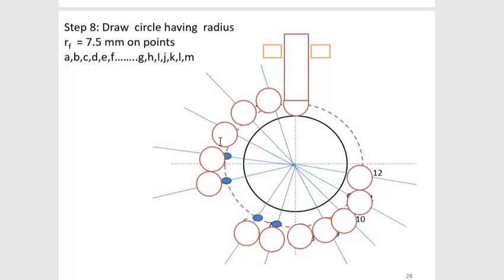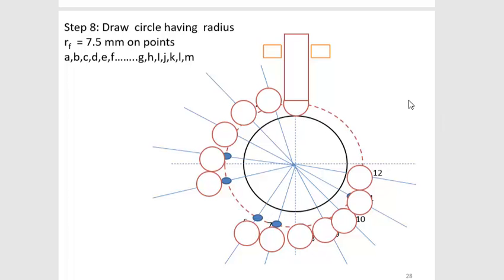And similarly, I will do it with all the points like A, B, C, D, E, F, G, H, I, J, K, L, M. So I get a new set of points, and this new set of points will give a curvature at the very end. The bottom of the circle has a curvature, and I can draw the curve of the cam by joining the bottom curvature of all the small circles with radius 7.5 mm.